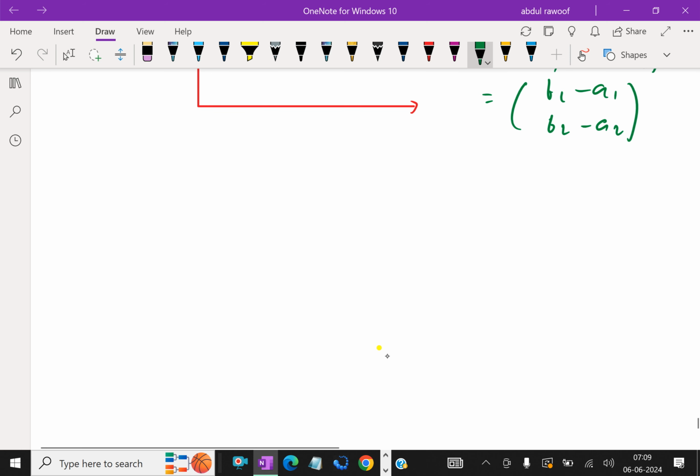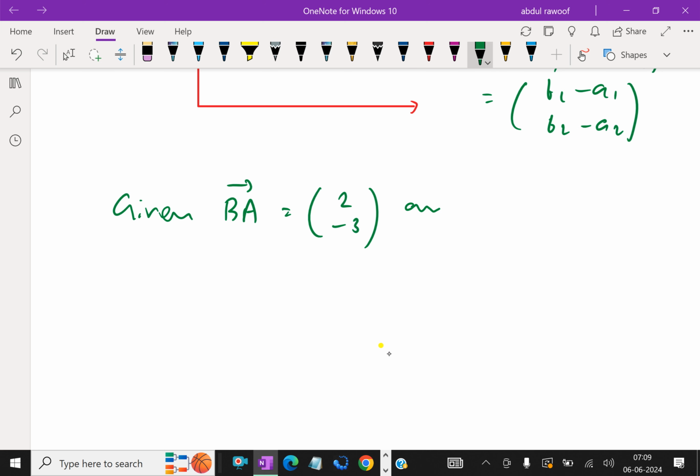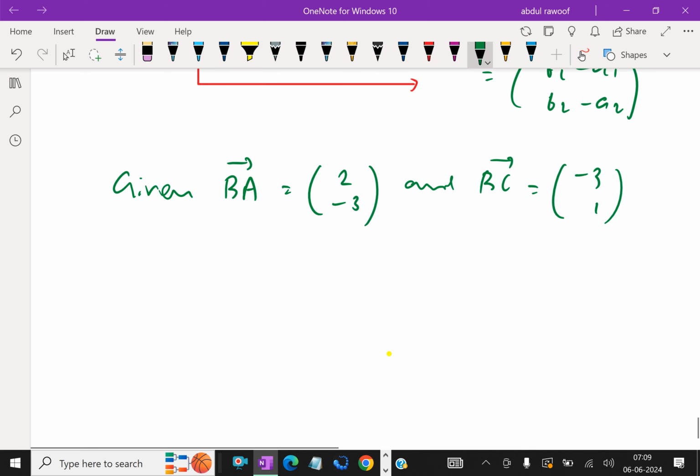Here, vector BA is given as 2, minus 3 and BC is minus 3 and 1. Find AC.